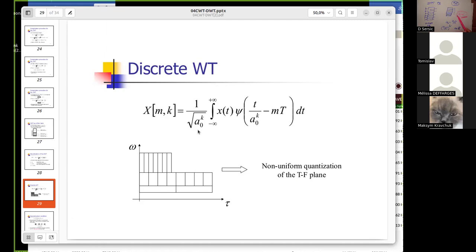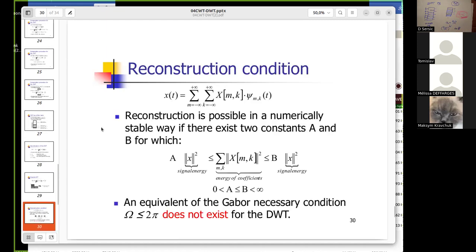such a transform can mostly be realized with fast filter banks, and it is used in compression, in digital cinema standards, as well as in analysis of images. And it also corresponds to convolutional neural networks, in some way.